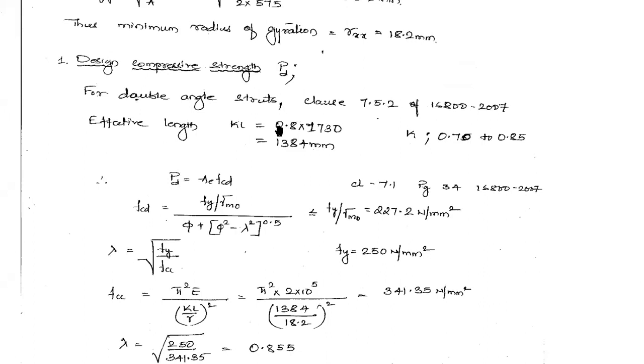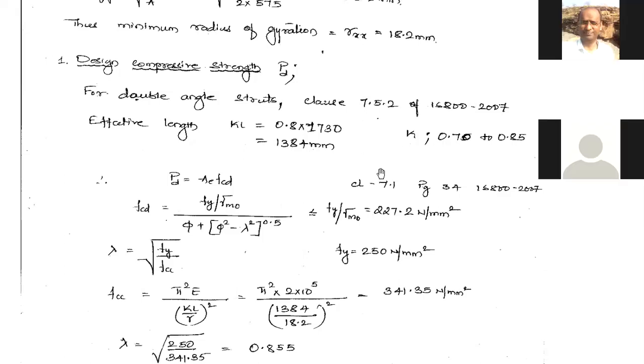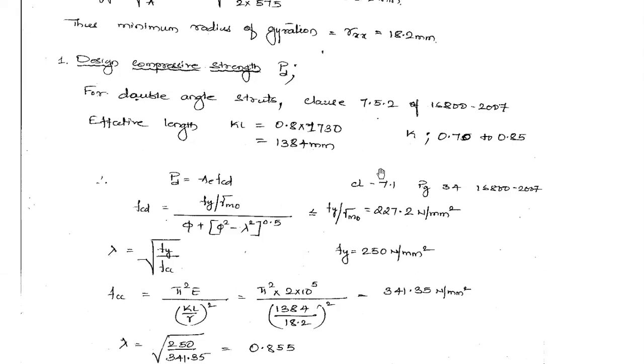I have taken 0.8, and this can be between 0.7 to 0.85, if you don't want to consider the entire hinge connection at the ends. Average value of 0.8 is fine. So effective length comes out as 0.8 into 1730, it is 1384.